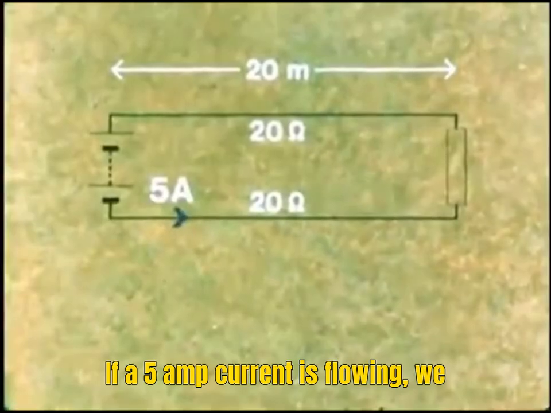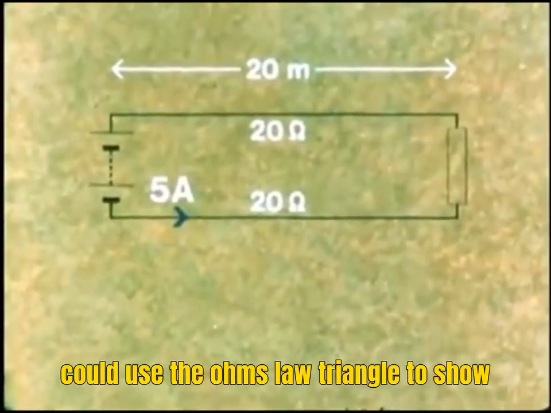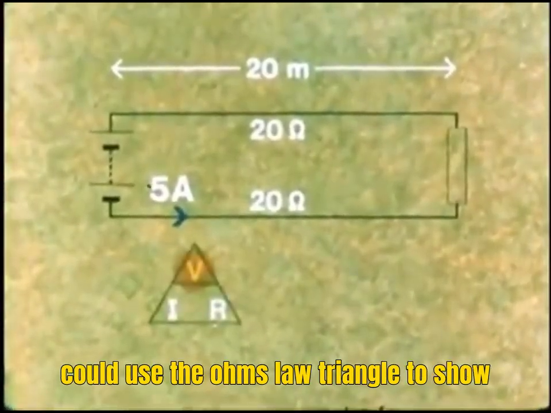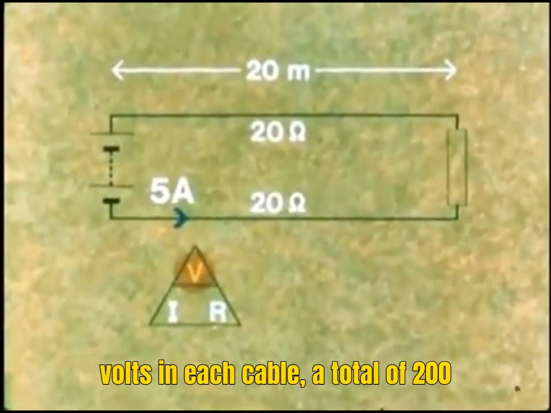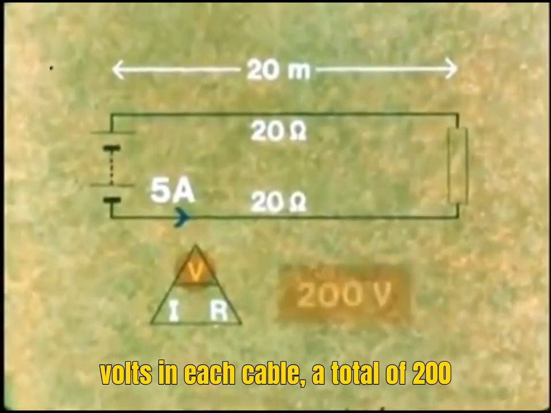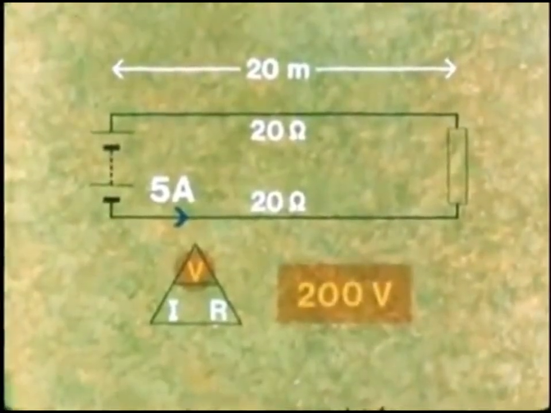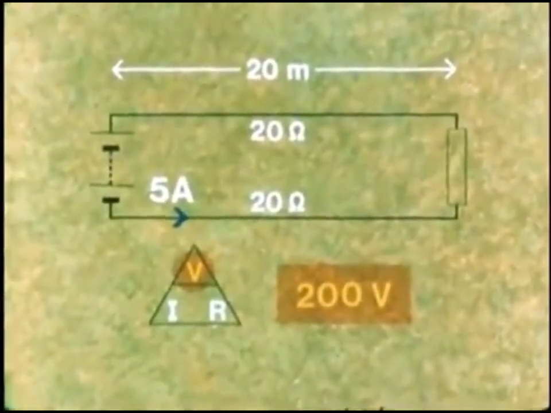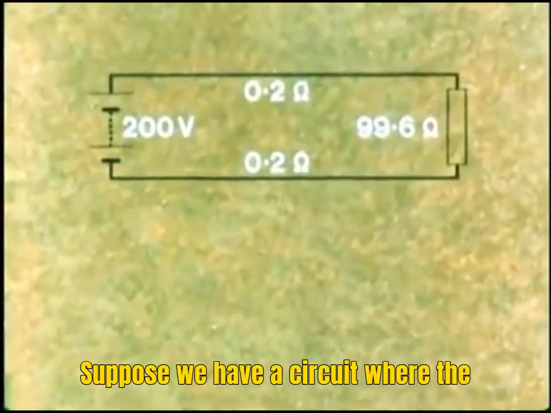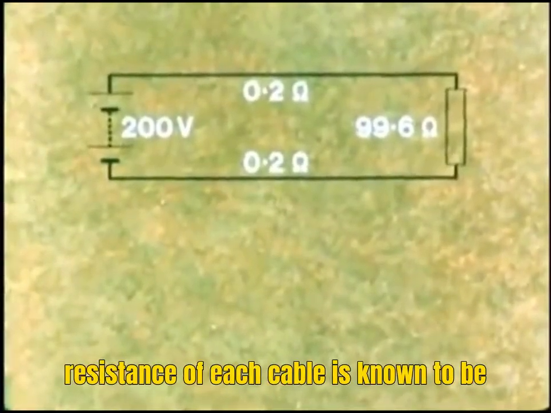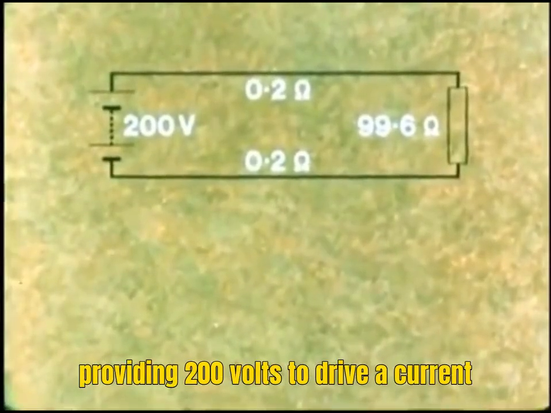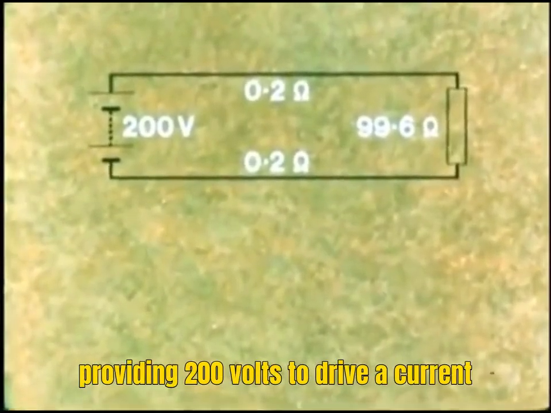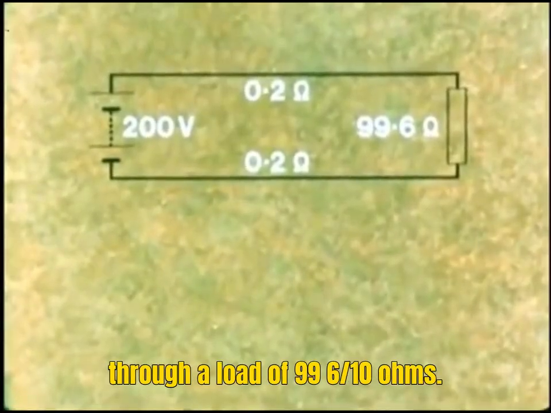If a 5 amp current is flowing, we could use the Ohm's law triangle to show that there is a voltage drop of 100 volts in each cable, a total of 200 volts. Suppose we have a circuit where the resistance of each cable is known to be 0.2 of an ohm, and the battery is providing 200 volts to drive a current through a load of 99 6/10 ohms.